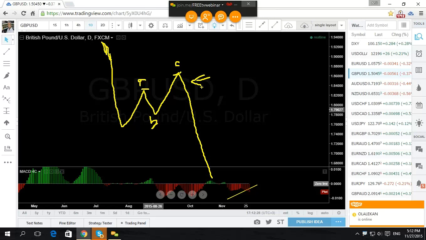And there is a variation of that type of correction. You can get an expanding flat, you can have a running flat, you can have a simple flat. You can also have a wedge or triangles as they call them: barrier triangles, expanding triangles, contracting triangles. And I will try to show you examples of each one of them on the charts itself.